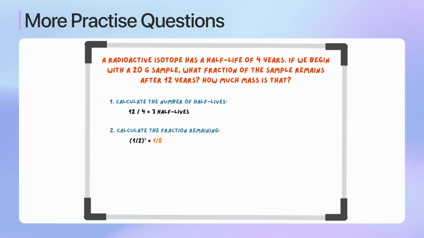The fraction remaining is half to the power of the number of half-lives. So in this case, the fraction remaining is 1/2 to the power of 3, which gives us an eighth. We still need to calculate the mass of the remaining sample. 1/8 of 20 grams is 2.5 grams. Hence, our final answer is that after 12 years, 1/8 of the original sample remains, which is 2.5 grams of the initial 20 grams.